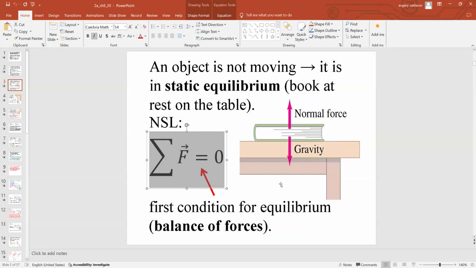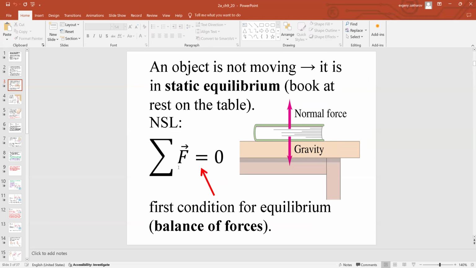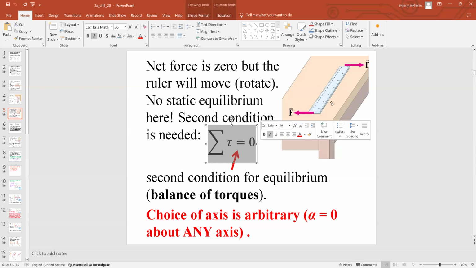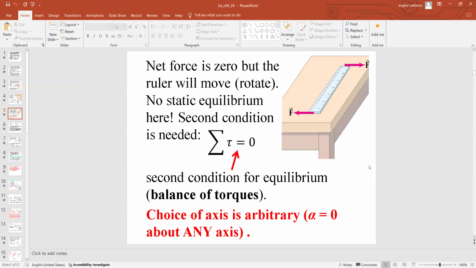It is a good condition. It takes care of, say, the book sitting on the table, but it's not enough to ensure that the system will be in equilibrium. You have to introduce the second condition, which is right there, and the second condition takes care of all the possible rotation motion.